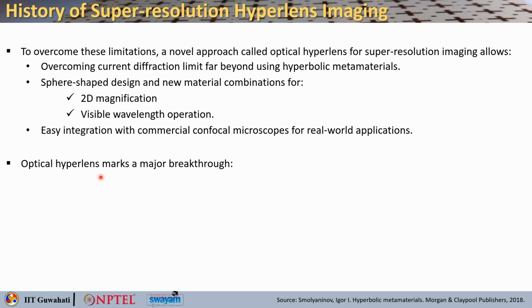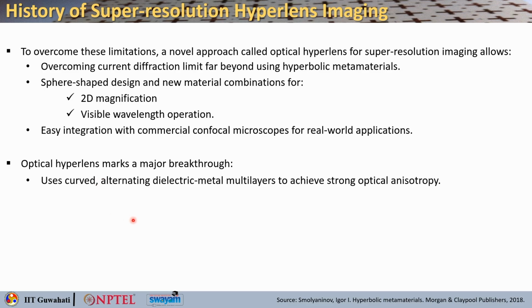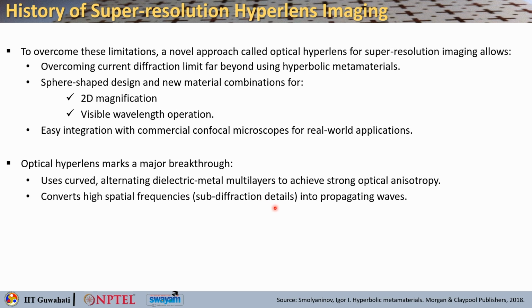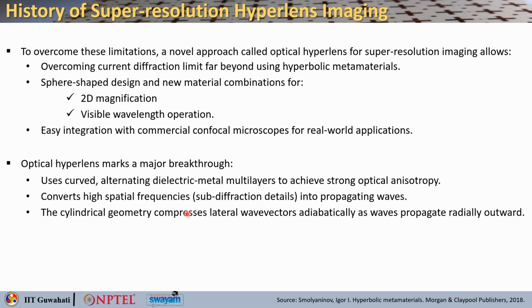Optical hyperlens can mark a major breakthrough by using curved alternating metal dielectric multilayers to achieve strong optical anisotropy. The whole idea here is that you need to convert high spatial frequencies, that means the sub-wavelength features, into propagating waves so that they can be captured by the regular microscope.